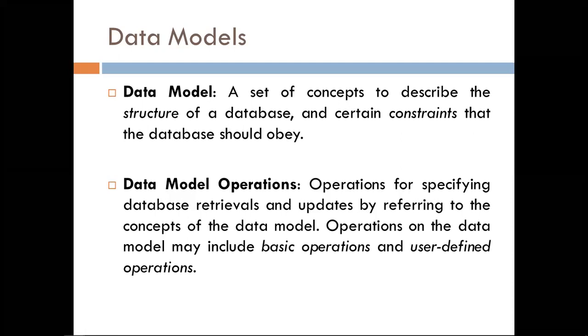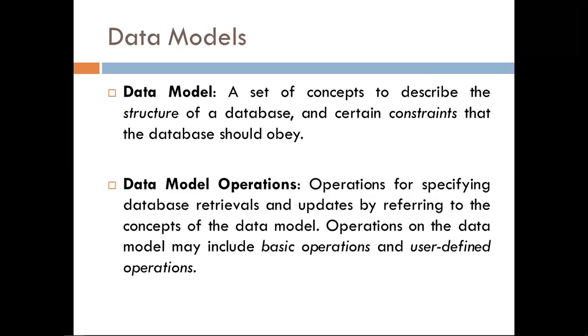With this, we will start the next topic, data model. A data model is nothing but a set of concepts used to describe the structure of the database, and it also includes certain rules that the database should obey. In the beginning we saw six tables, right? Our college database has six tables.